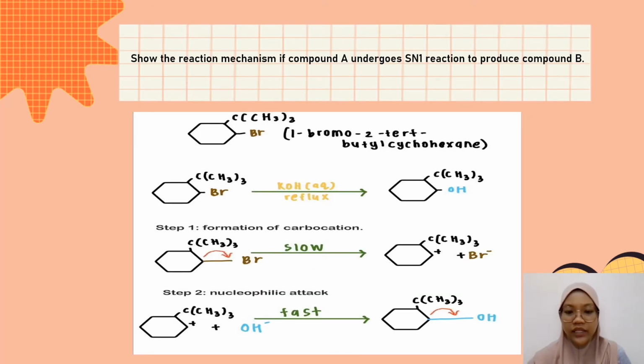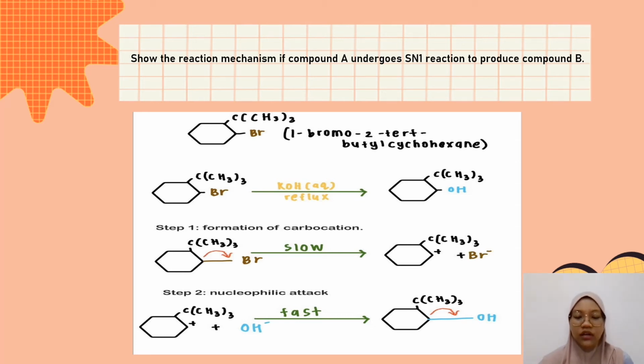Show the reaction mechanism if compound A undergoes SN1 reaction to produce compound B. For step 1, the formation of carbocation: 1-bromo-2-butyl-cyclohexane reacts with potassium hydroxide, aqueous reflux, producing 2-butyl-cyclohexanol.